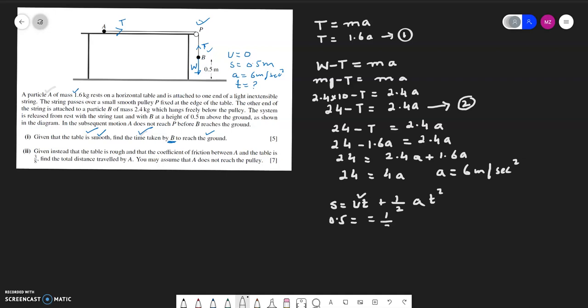So 0.5 is equal to 1 over 2 times 6 times t squared, that is 3t squared, and t squared will become 0.5 divided by 3, and when you calculate it you will get t equal to 0.408 seconds. So this is the time taken by the particle B to reach the ground.